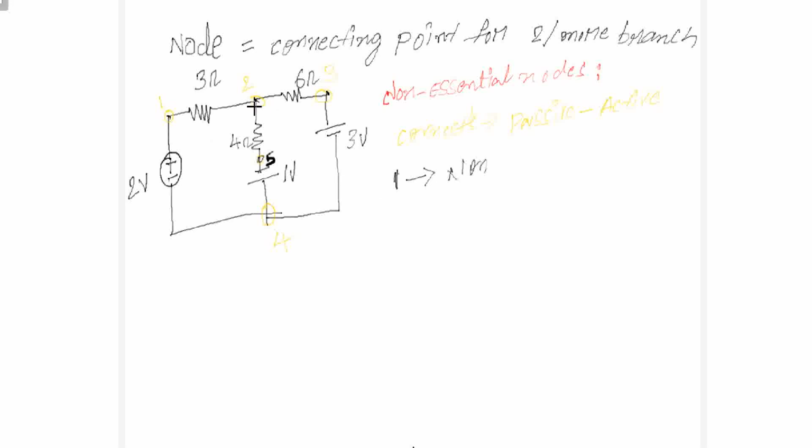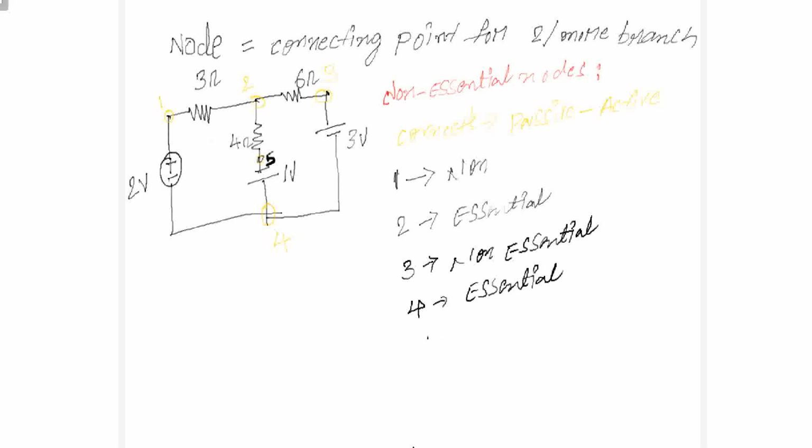And the second node is essential. And the third one is non-essential. And the fourth one is essential.